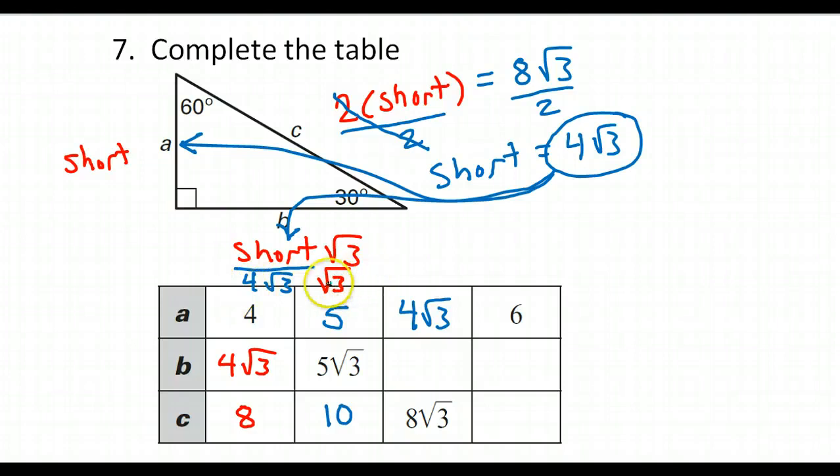So it's 4 radical 3 times radical 3. If you put that in your calculator, or realize that radical 3 times radical 3 is 3, then we have 4 times 3, so that's 12. So B is going to be 12.